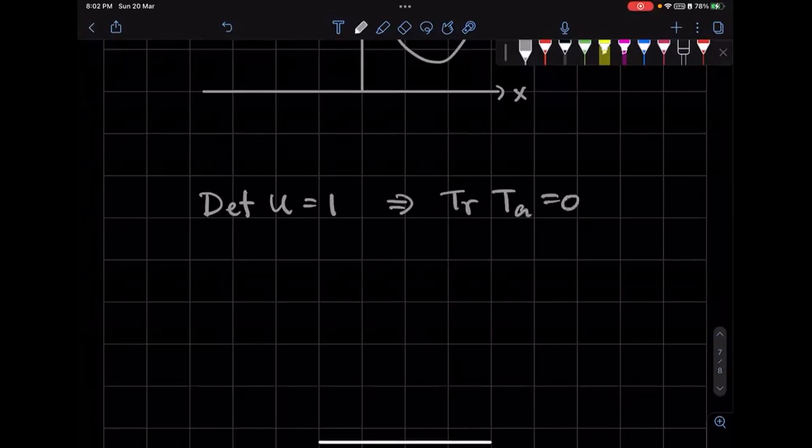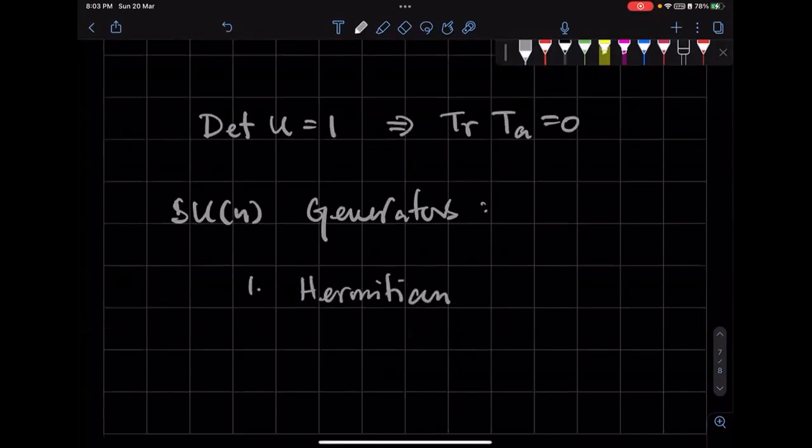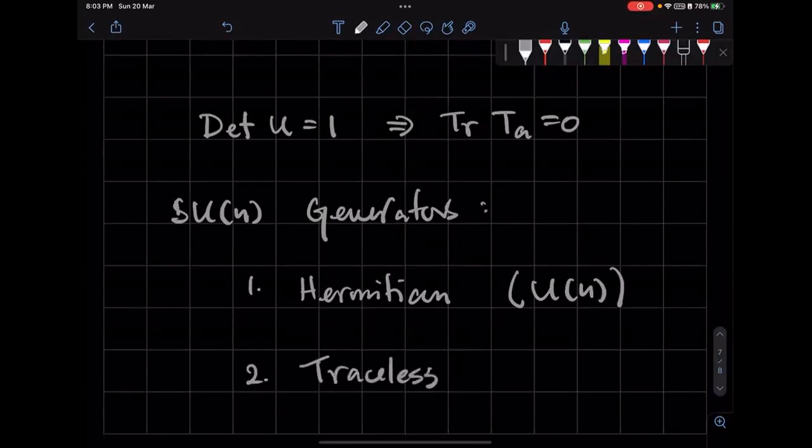So we see that SUN generators have two properties: number 1, which is also true for UN, they are Hermitian; and number 2, they are traceless.